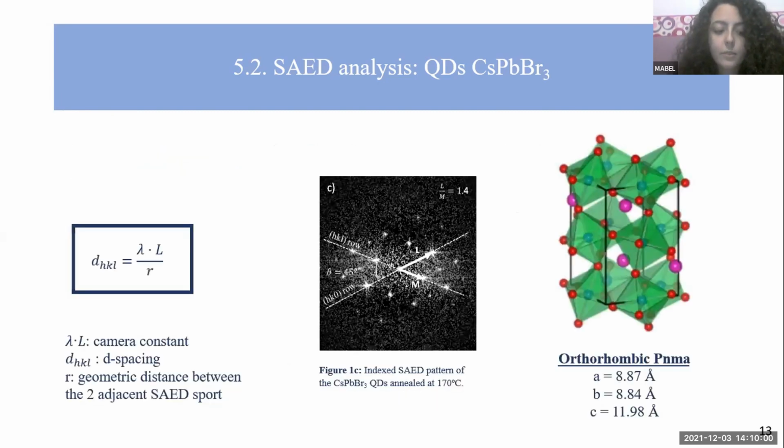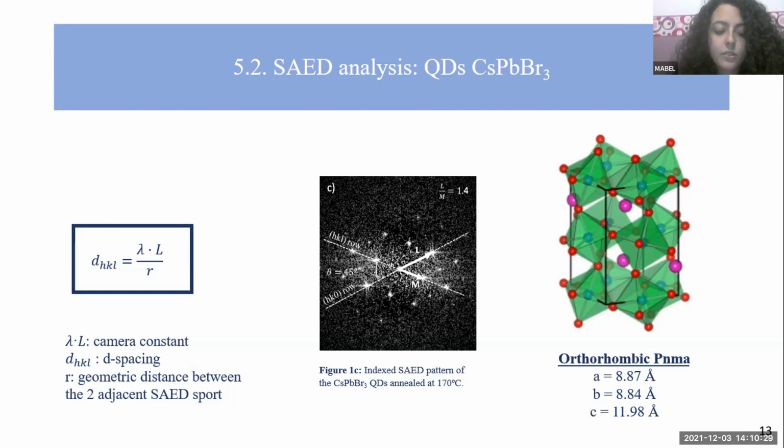Focusing on the cesium lead tribromide annealed at 170 degrees, this sample is expected to form an orthorhombic lattice belonging to the Pnma space group, as you can see in the figure. So cesium lead tribromide in orthorhombic configuration is expected to elongate along the Z-axis, or 001 crystallographic axis.